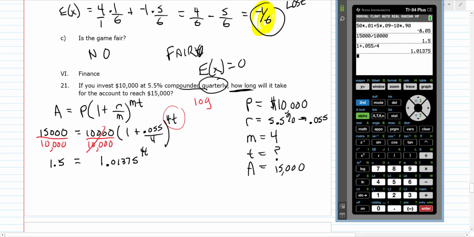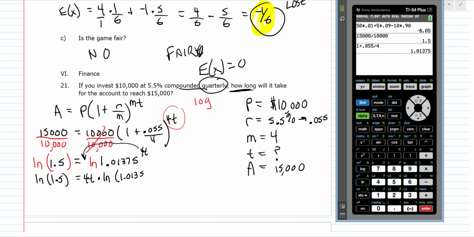Okay, now I'm ready to take a log of both sides. You can do a log or an ln. It doesn't make any difference which one you do. I'm going to do ln. You'll get the same answer regardless. When you take a log, we're allowed to bring that exponent in front. So you would have ln 1.5 is equal to 4t times ln 1.01375, like that.